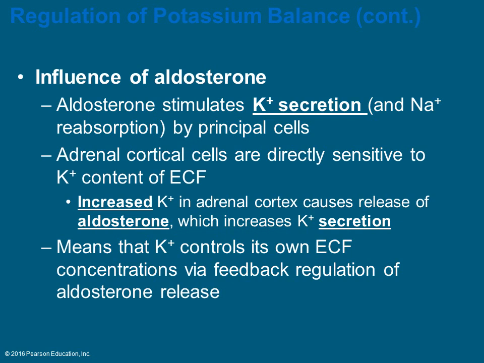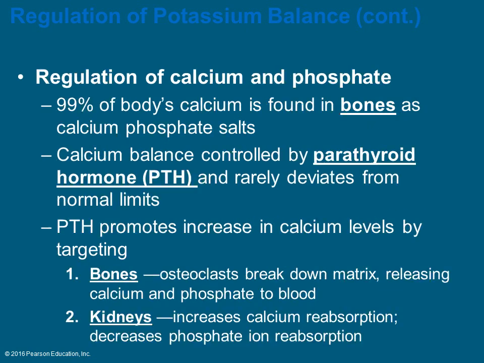Aldosterone does stimulate potassium secretion. So this hormone, once again, plays a role not only with sodium, but also with potassium. They're going to work together. It is going to be regulated by a feedback regulation of the aldosterone.